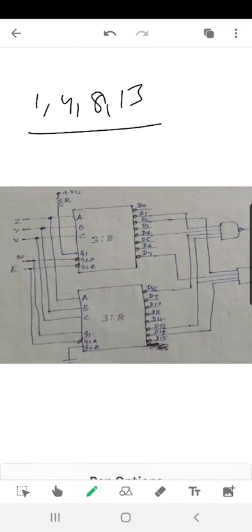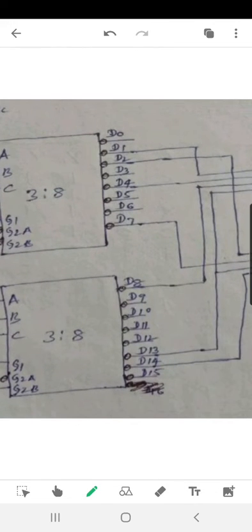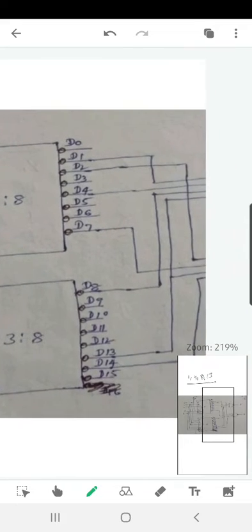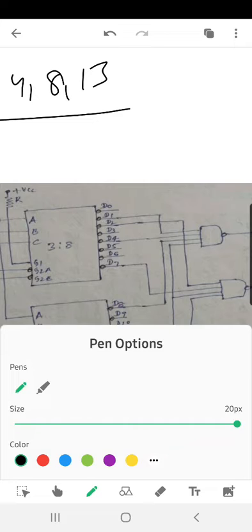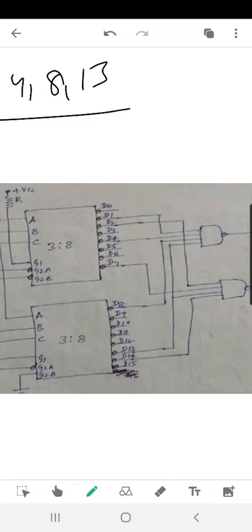So here we can see that pin number 1 will be from our decoder 1, then pin number 4 from decoder 1, pin number 8 from decoder 2 and pin number 13 from decoder 2.